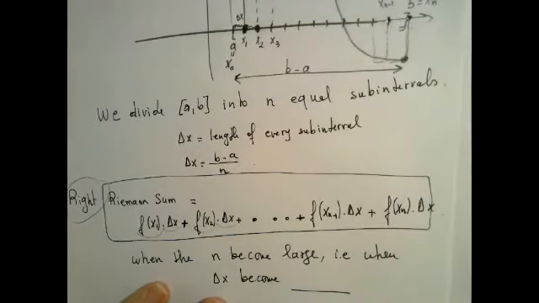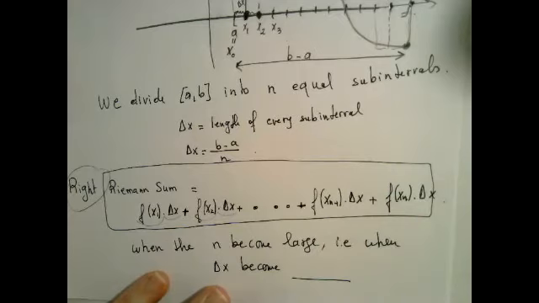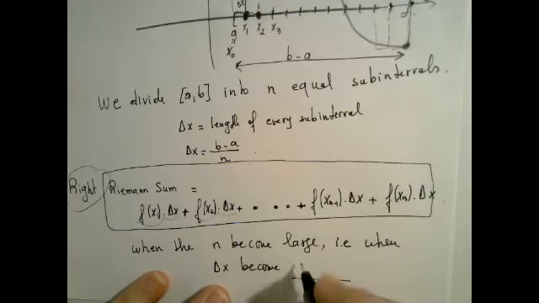Zero? Not zero. Better than that. What do you mean by zero? It doesn't become zero. If n is a million, is delta x zero? I mean smaller. Small, very small. When delta x becomes very small.